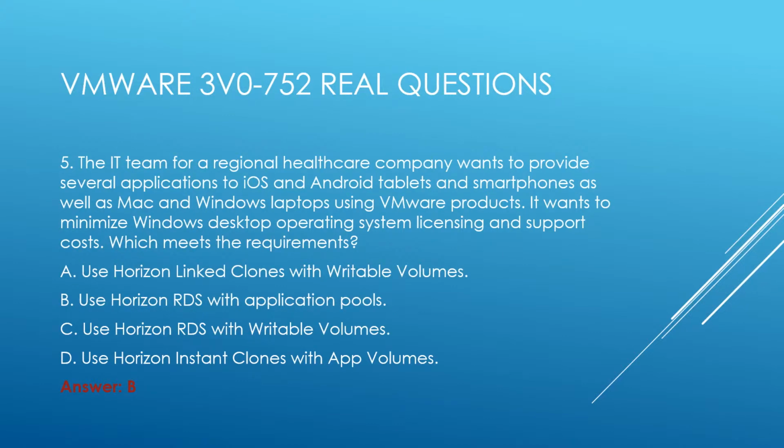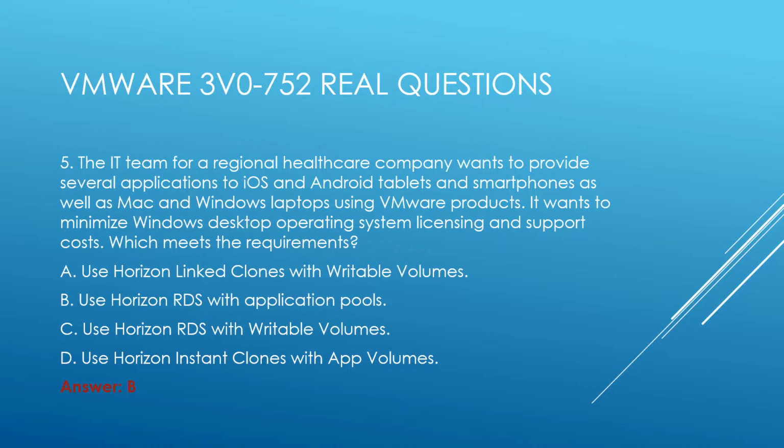5. The IT team for a regional healthcare company wants to provide several applications to iOS and Android tablets and smartphones as well as Mac and Windows laptops using VMware products. It wants to minimize Windows desktop operating system licensing and support costs. Which meets the requirements?